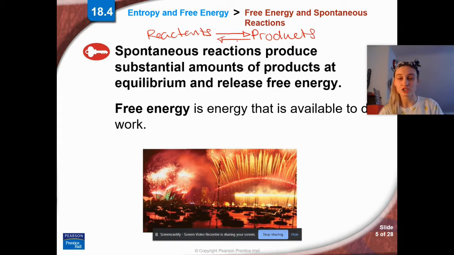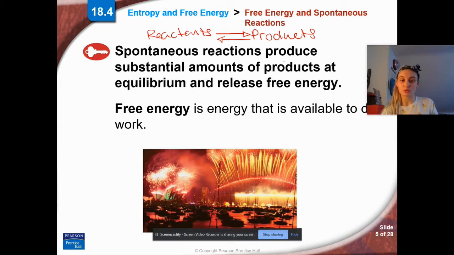That means the reaction is reversible, and it can go from reactant to product, or products can go back and become the reactant. So it can go back and forth. So I hope you guys learned that, and I hope I'm not confusing you. But that's my little lowdown on reversible reactions, because that's kind of necessary to understand this whole slide right here.